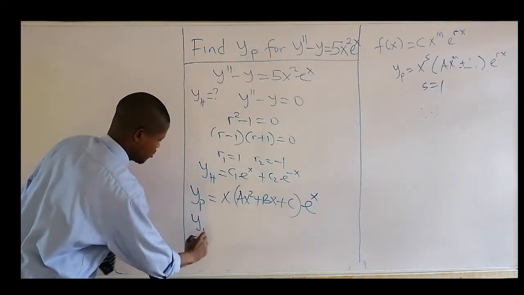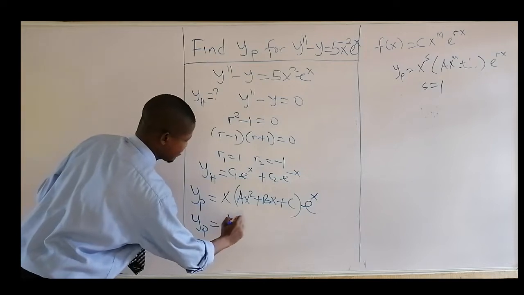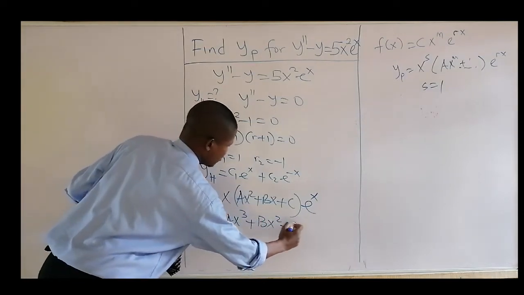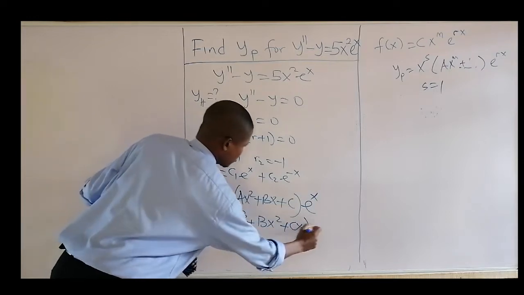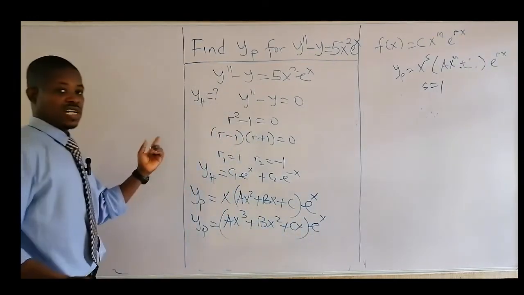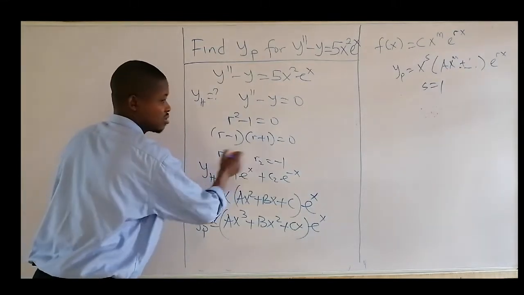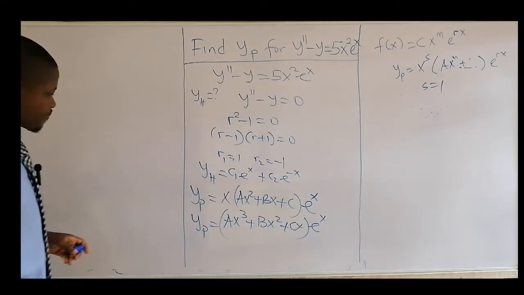So the yp, you can do the expansion for this, and that will be ax cubed plus bx squared plus cx, times e^x. In the previous video, these two were equal.